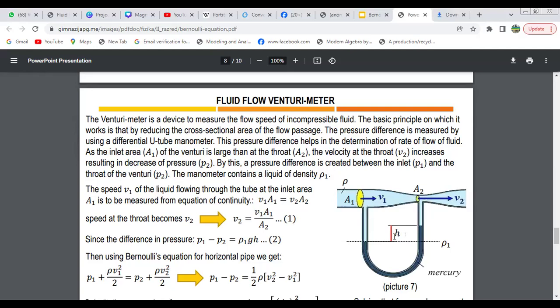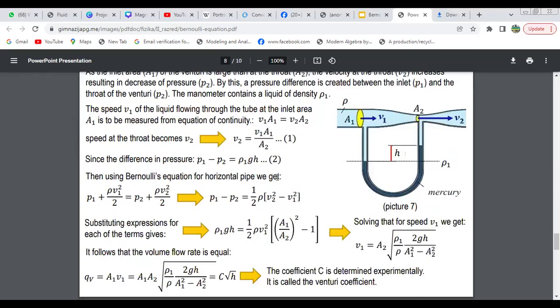So this is the height S1. The speed B1 of the liquid flowing through the tube, with inlet area A1, is to be measured from the equation of continuity, which will be this. So the speed at the throat becomes B2, B2 equals B1 A1 divided by A2. Since the difference in pressure P1 minus P2 equals rho 1 G S, using Bernoulli equation for the horizontal pipe will be this. So energy before equals energy after. So P1 minus P2 equals this.